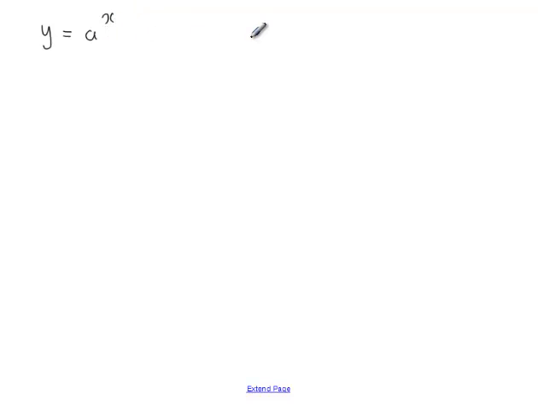And remember, this a here is considered to be greater than 0 and different from 1, because 1 is kind of an obvious case. So what I'm going to do here, again, is use what I know. In this case, I'm going to exploit the derivative of ln, which I just learned today.